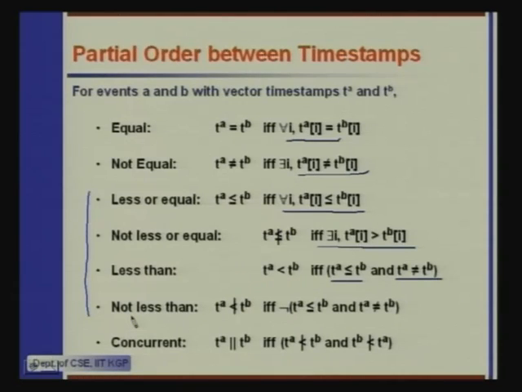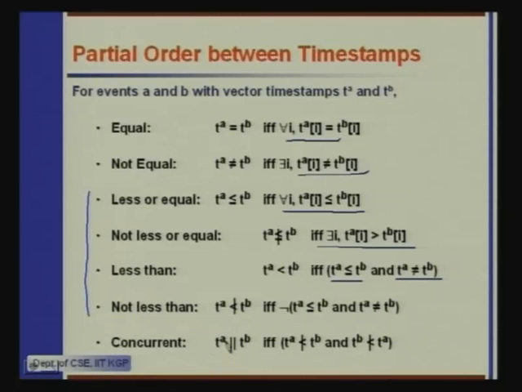For scalars it is either less or greater or equal. For vectors it may not be the case. Less means less in all dimensions, greater means greater in all dimensions, equals means equal in all dimensions. What about the case where it is greater in some dimensions and less in some other dimensions? Those two are what we call non-dominated, they are not dominating each other. They are the ones which are concurrent.